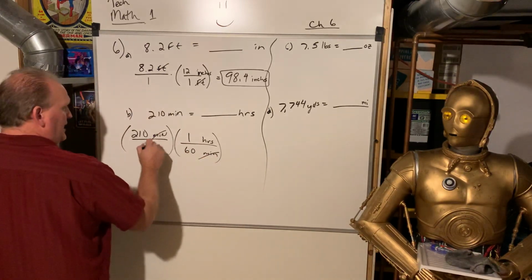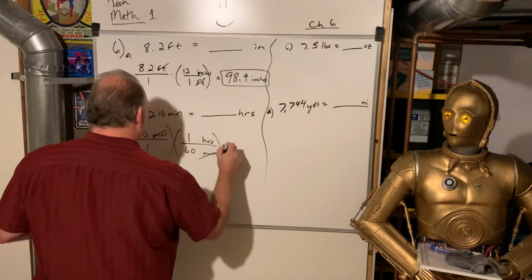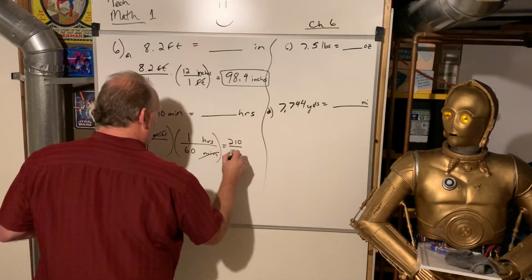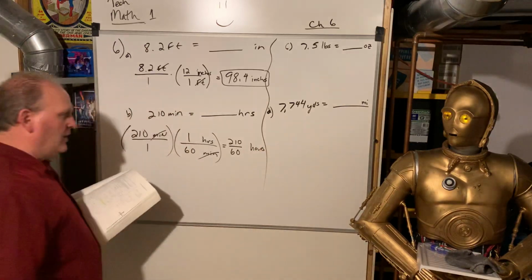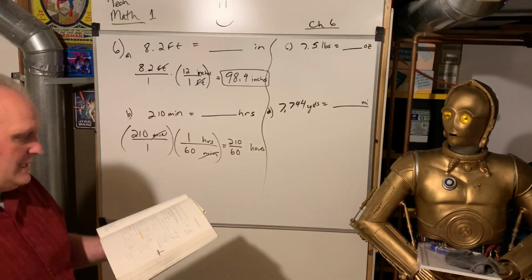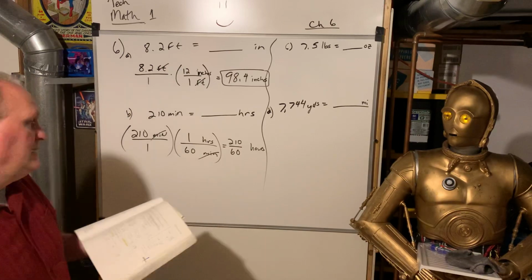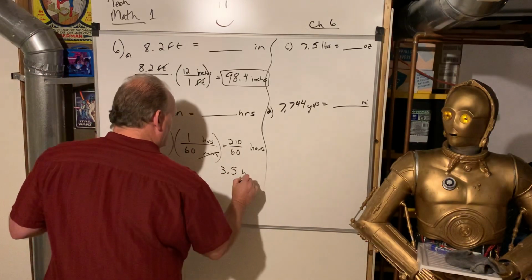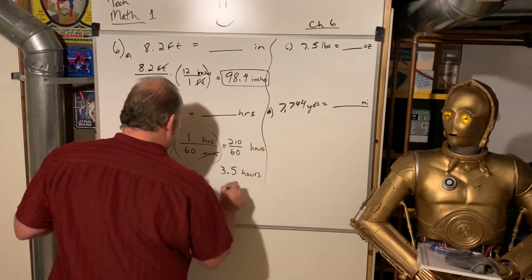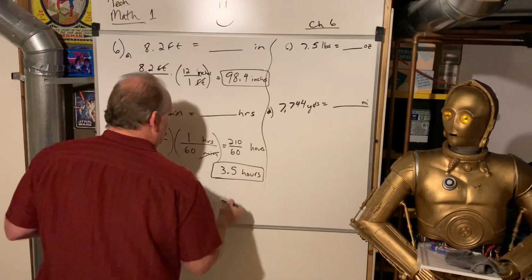The minutes cancel. I multiply straight across. I get 210 over 60, and that would be hours. And now we just divide that, and that turns out to be 3.5 hours.